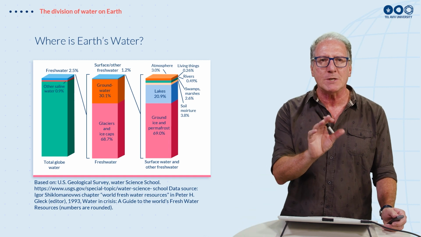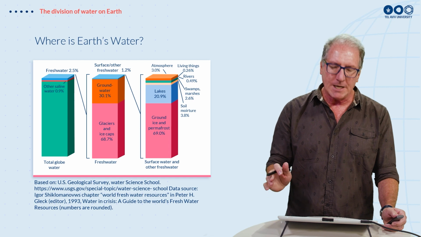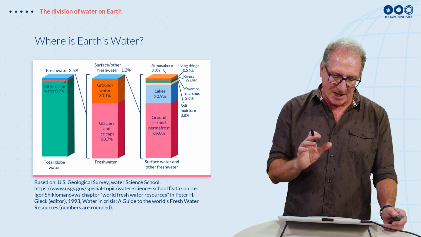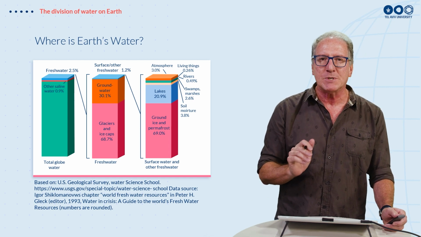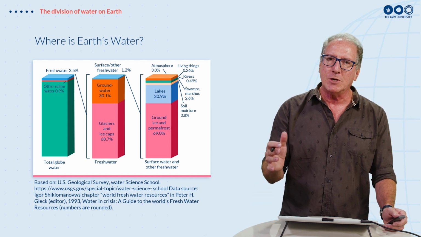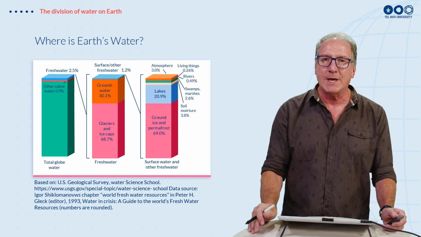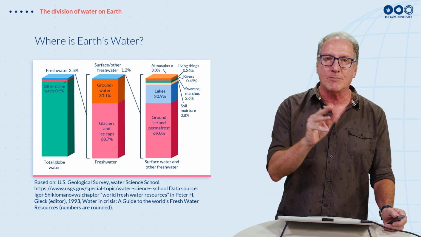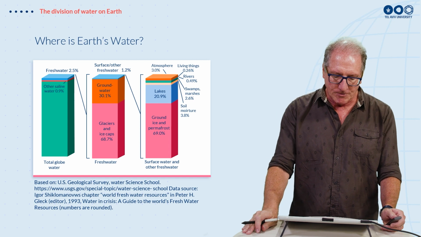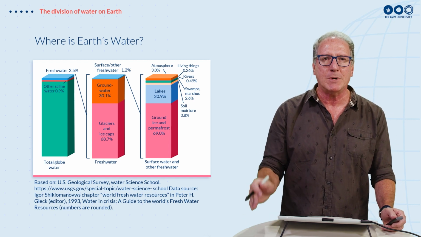We can then zoom into that 2.5 in the middle column, and we see that, again, out of that 2.5%, nearly 70% are frozen in our glaciers and ice caps. Another 30% is in underground water, and only a very small amount of that, 1.2% of the 2.5, is surface and fresh water in lakes and rivers at the surface that we can tap into.